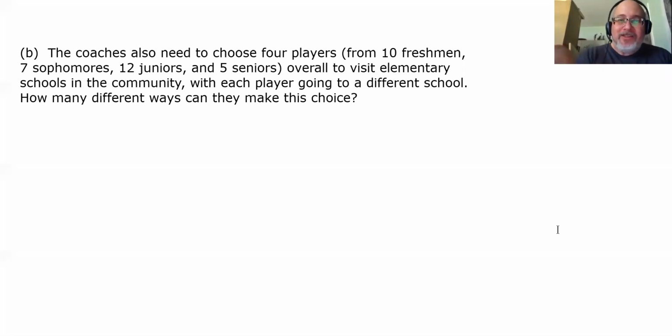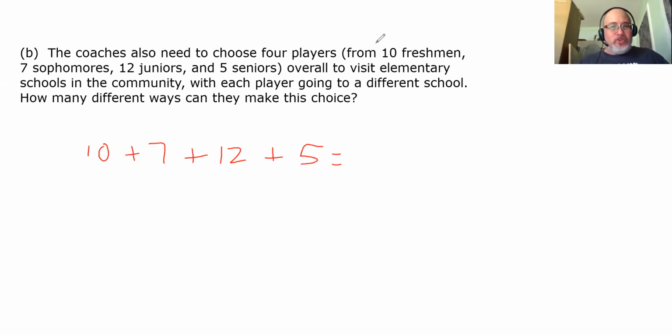We are now looking at this as 10 plus 7 plus 12 plus 5, which equals 34 players. Let me do that math again. 7 and 5 is 12, 12 is 24, plus 10 is 34 players. So they're not considering classifications anymore, but they're still going to pick 4 in a certain order out of 34.